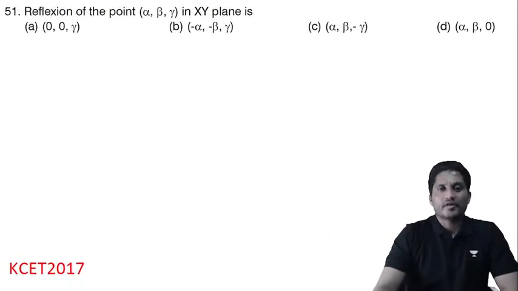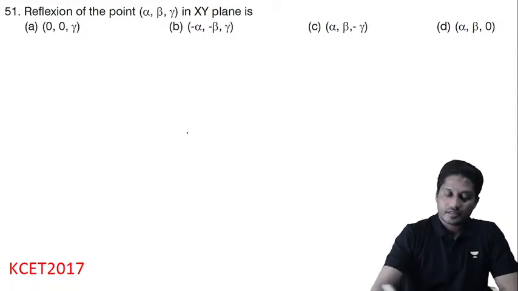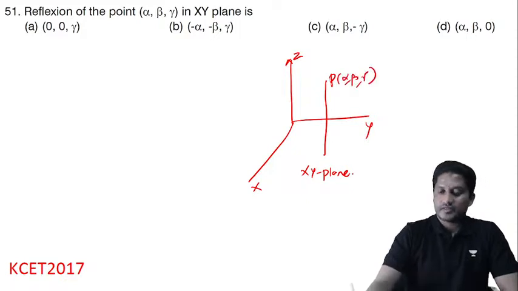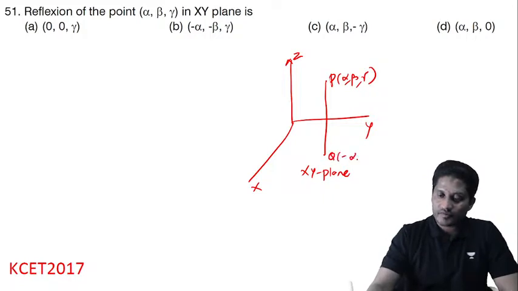Reflection of the point alpha, beta, gamma in xy plane. Suppose again this is xy plane, right? X, y and z, xy plane. Reflection of this point alpha, beta, gamma in xy plane will be equal to minus alpha, minus beta and gamma.